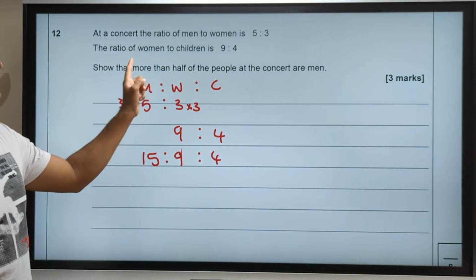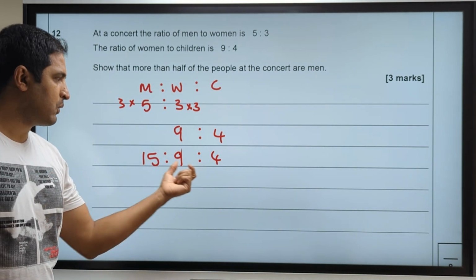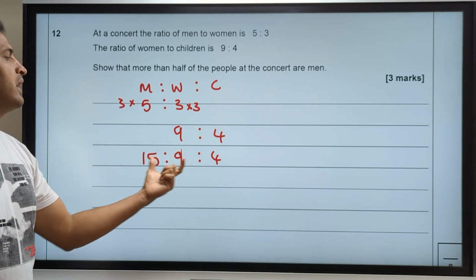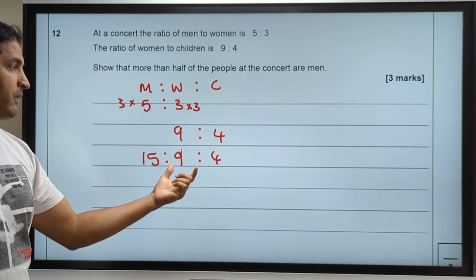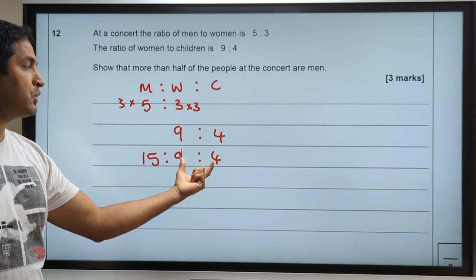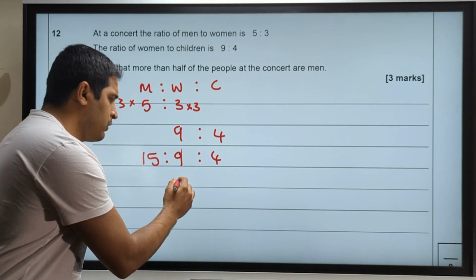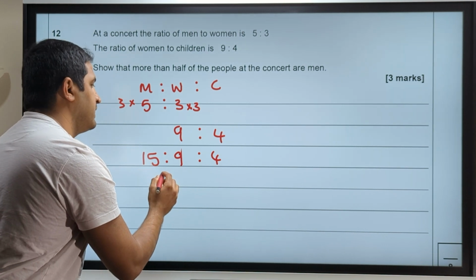So he's saying, show that more than half of the people at the concert are men. If you add all of them together, that should add up to 28. And then you have 15, which is more than half of it. 15 is bigger than 9 add 4. So 9 add 4 is 13, add 15 is 28.